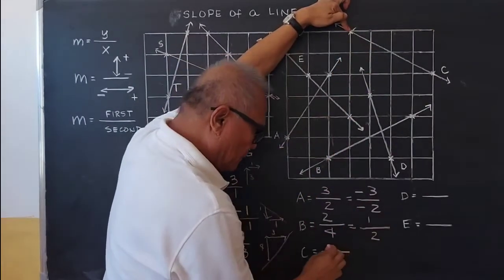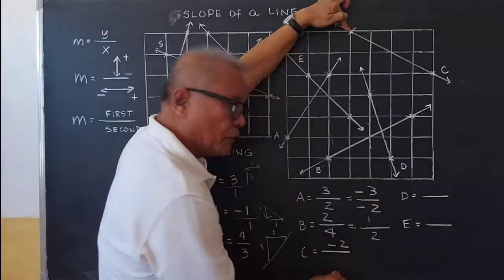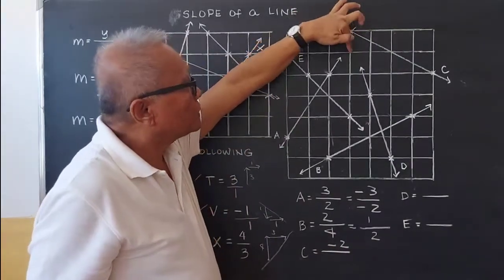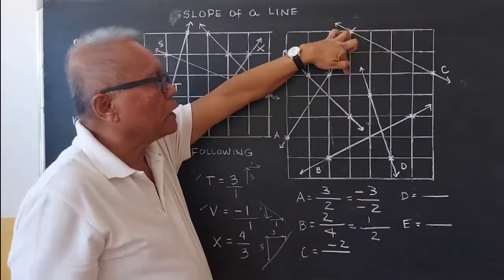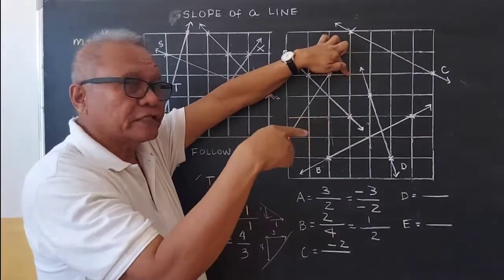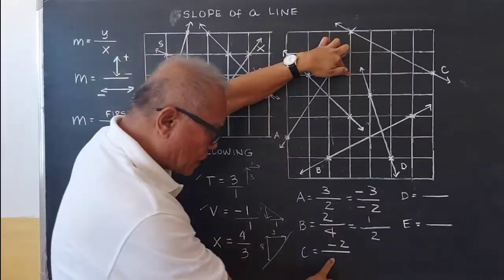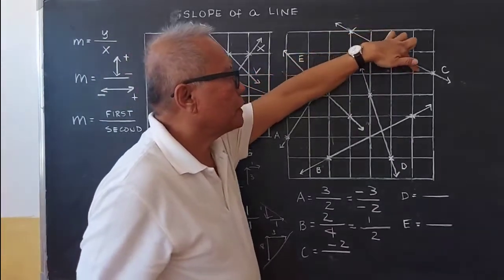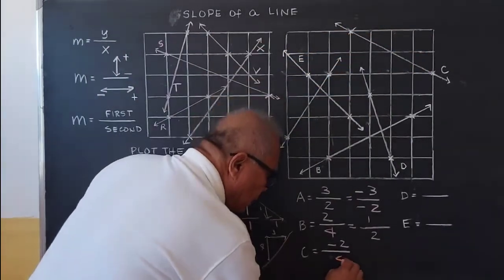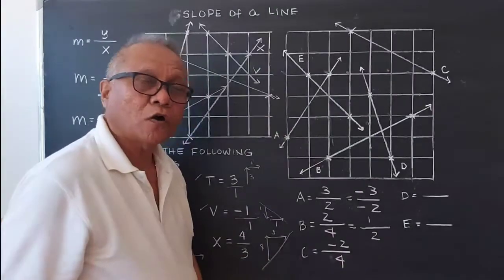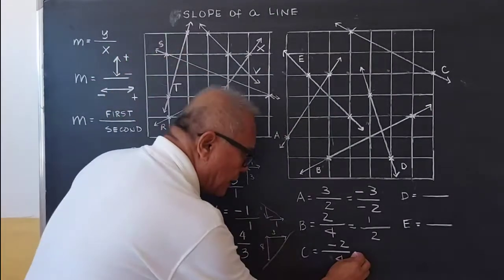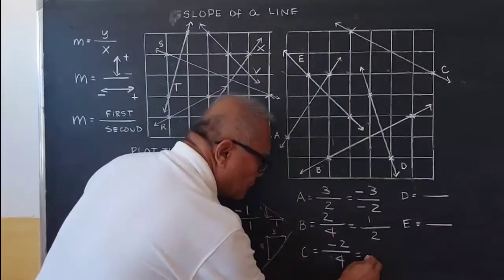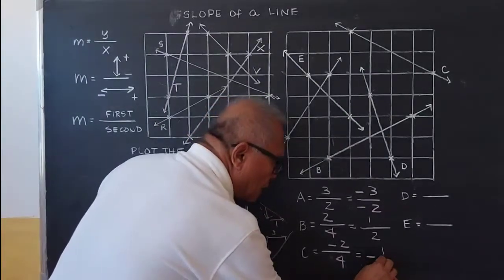So we have -2. It's negative. Going down, negative. Then we go to the right. It is now positive. So count 1, 2, 3, and 4. So we have here -2/4. And the lowest term of this one is -1/2.